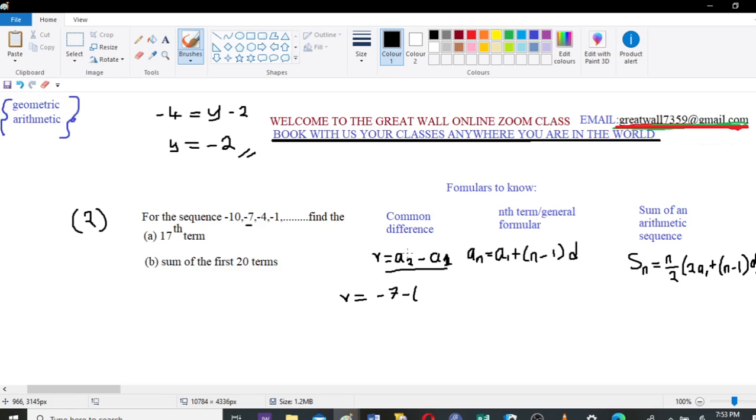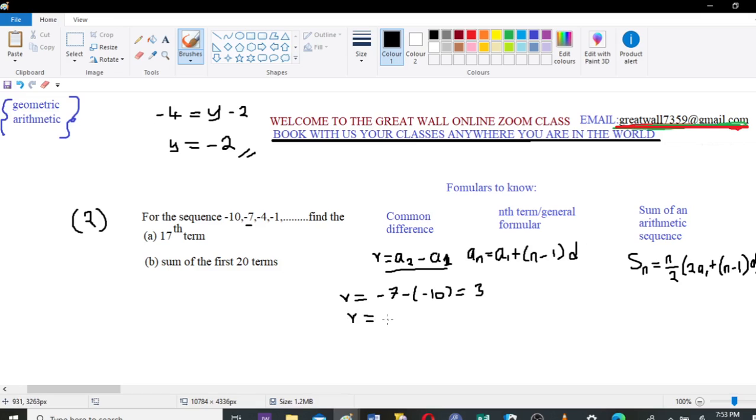In this case, -7 is our A2 and our A1 is -10. What are we getting? So here we are getting +3 as our R. Let's try the same, this time using the third and the second term.